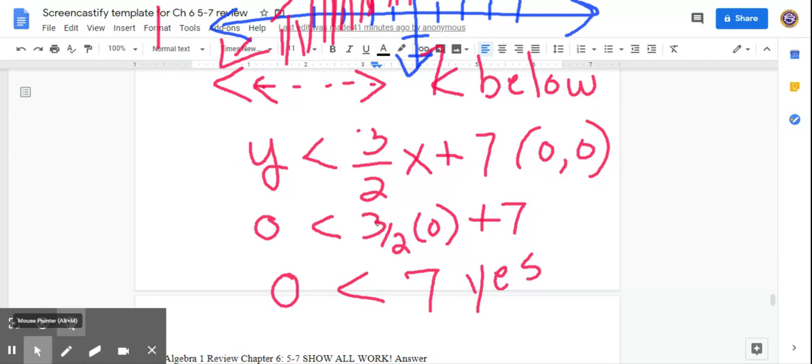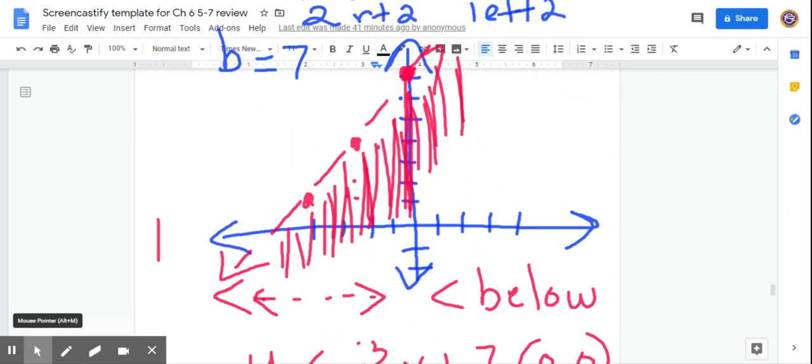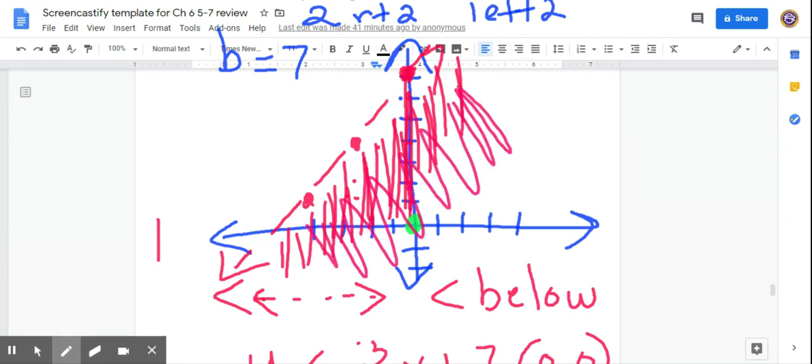So we can go back up to our graph, find 0, which is right here. And if I had continued to shade below the line, I would have shaded the 0.